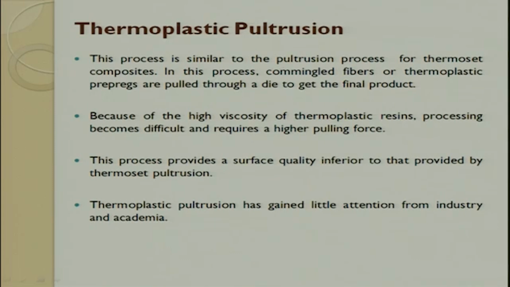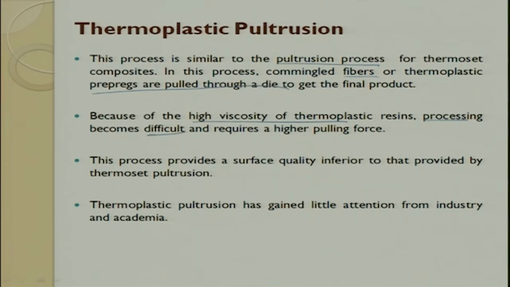This process is very similar to that of pultrusion, which we studied in thermoset process. The fibers or the thermoplastic prepregs are pulled through a die to get the final product. Because of the high viscosity as compared to thermoset, thermoplast has very high viscosity. Because of this, there is always a processing difficulty.